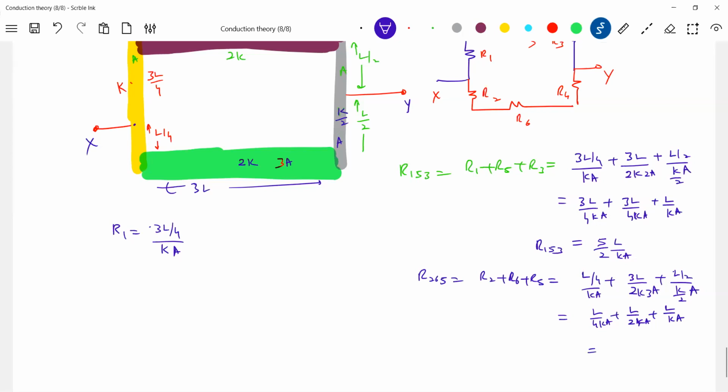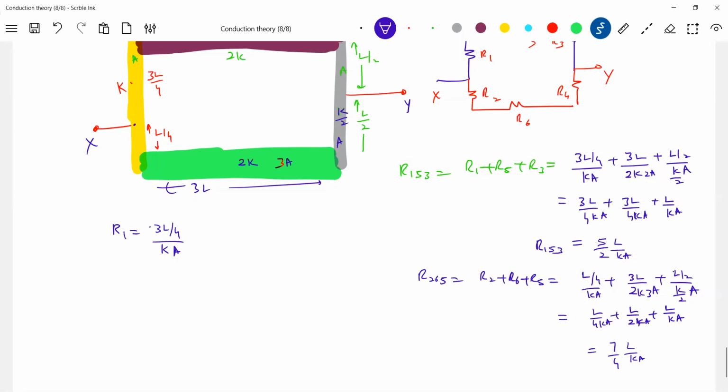Yes, L by K. How come 1? It will be 3 by 4 plus 1, 7 by 4. Sir, the last term is L by 4K. Oh, this is... how will it be? 1 by 2, 1 by 2 will cancel, no? Sir, it will be 7 by 4, sir. 7 by 4. I know a little bit of maths.